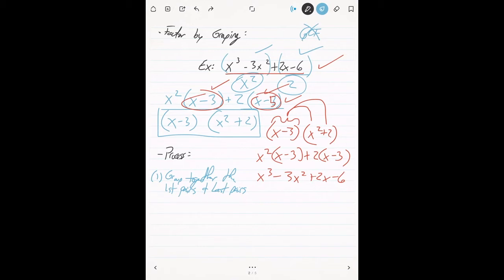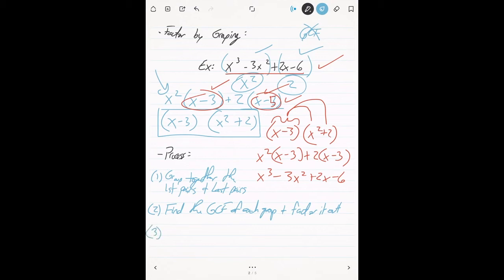After those have been grouped together, we need to find the GCF of each group. When we do that, we factor it out. So find the GCF of each group and factor it out. And that's what we did at this step right here. We found the GCF for each pair and factored it out. Okay, remember, factoring out is the same terminology as dividing it out.